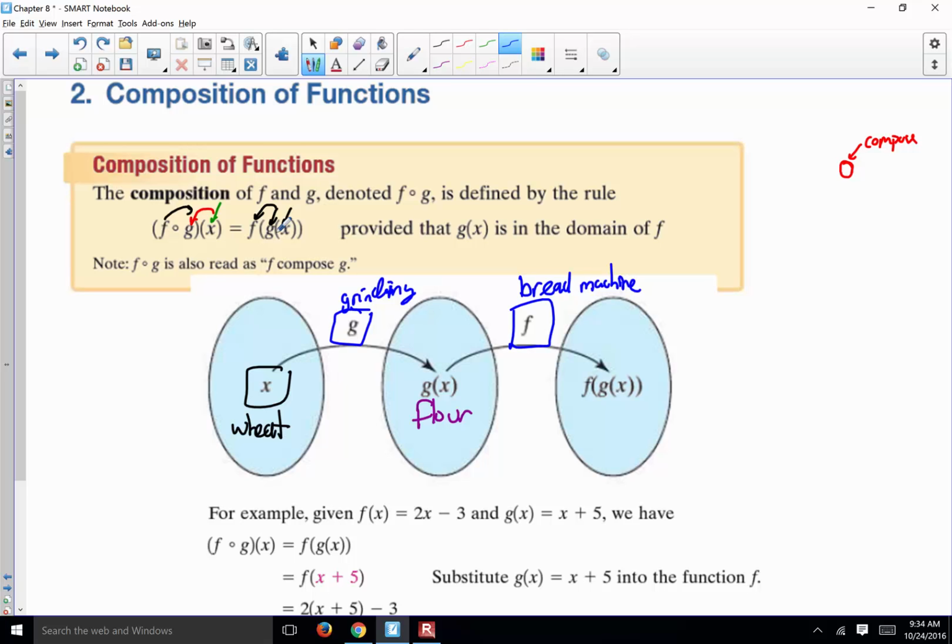You don't see the grinding and moving into the bread machine. Everything is done automatically. So composing functions means getting two machines and building one inside another one. So these are two examples: either think of buses, a chain of bus travel, or machines, where wheat is traveling to flour, and flour is traveling to bread. Same idea. You can even make your own examples.